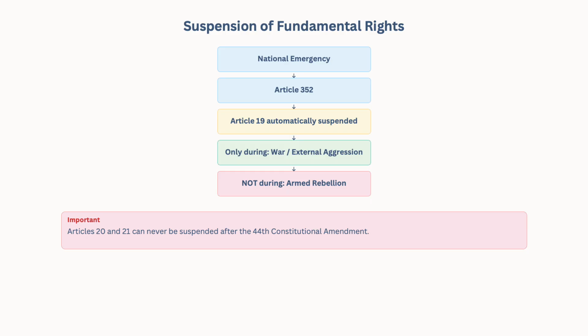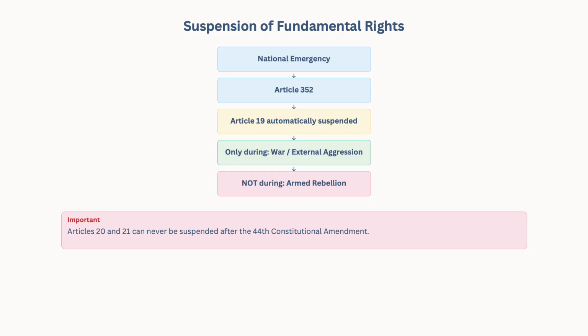Article 352 talks about national emergency, and so your Article 19 automatically gets suspended. What is Article 19? Protection of 6 rights regarding freedom of speech, assembly, association, movement, residence, and profession.